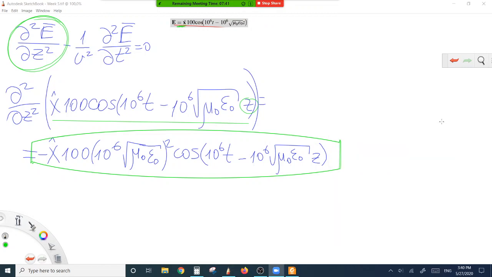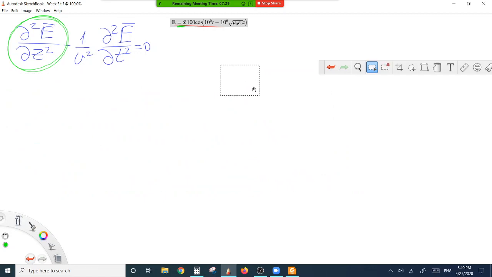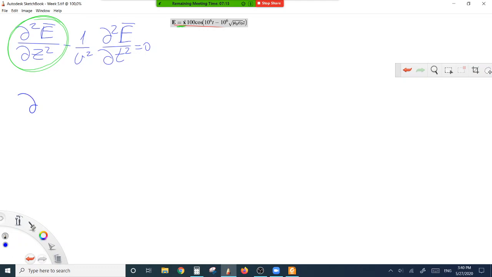Okay, in that case, let me compute in another way. Look, we need to take the second derivative of the electric field intensity with respect to z.